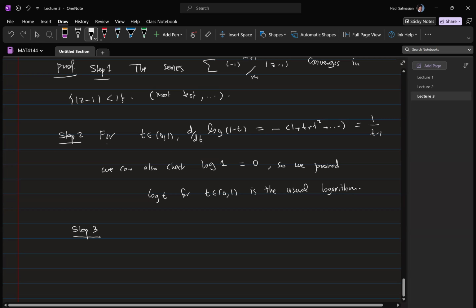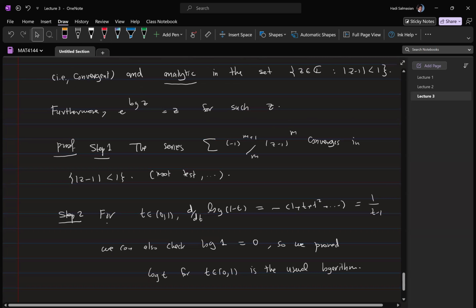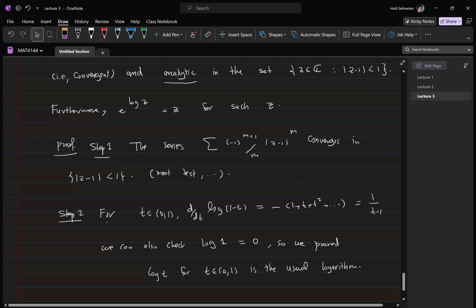All right. So now we wanted to know if it's really the logarithm everywhere. Okay, on the whole domain. So how do we do that? Well, here you have to use analyticity.